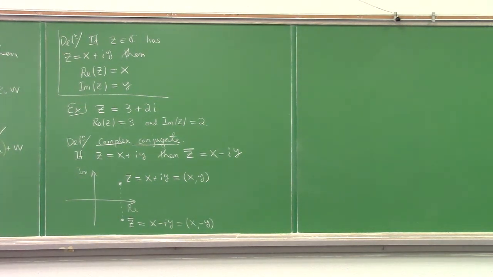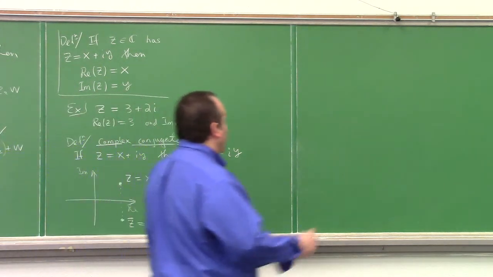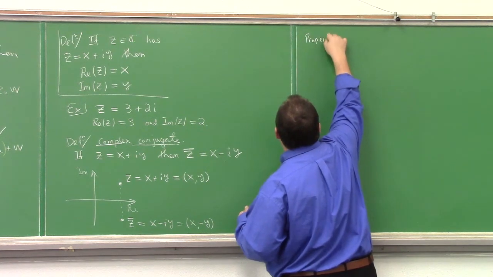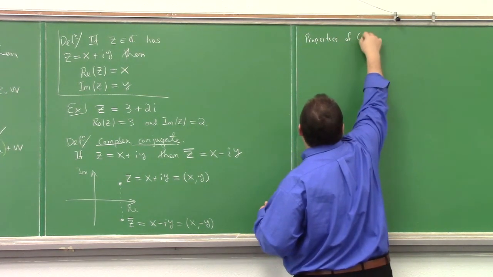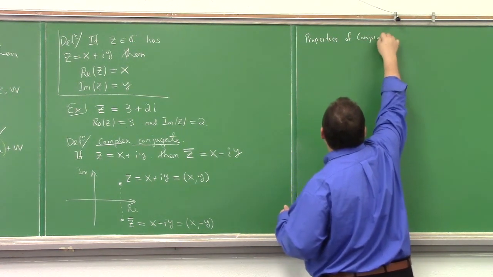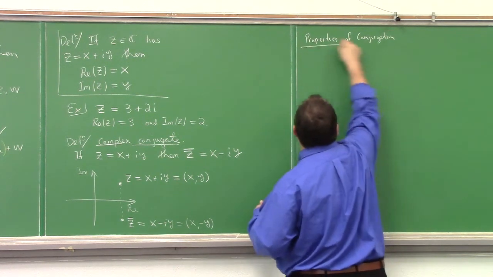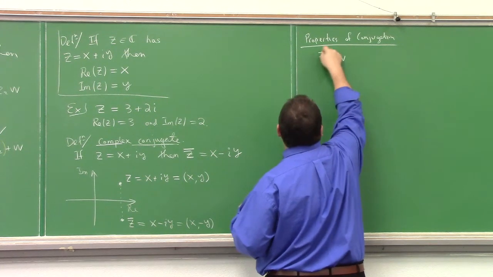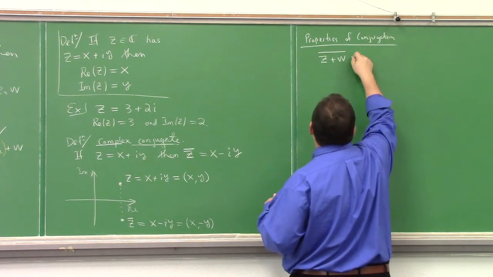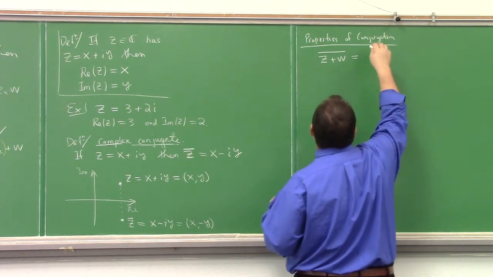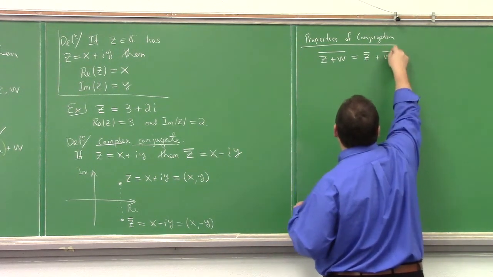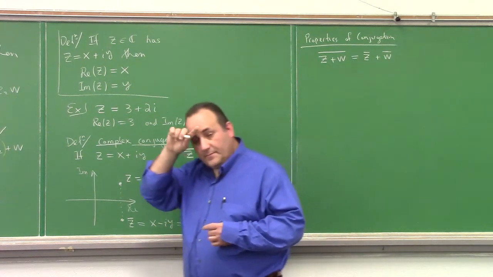What are the properties of complex conjugation? So if we take z plus w, and we take the complex conjugate of that, that turns out to be z conjugate plus w conjugate. All right.